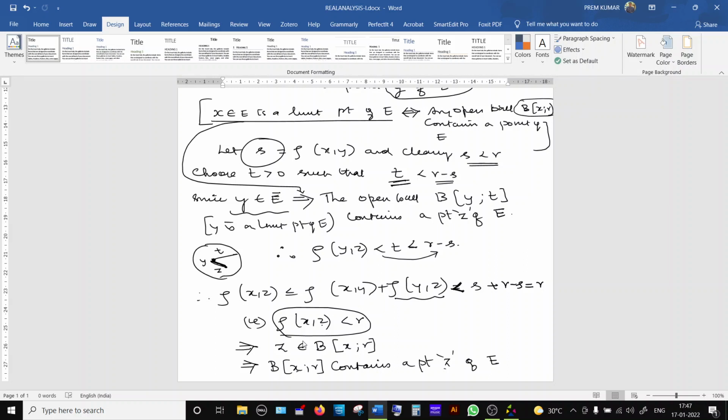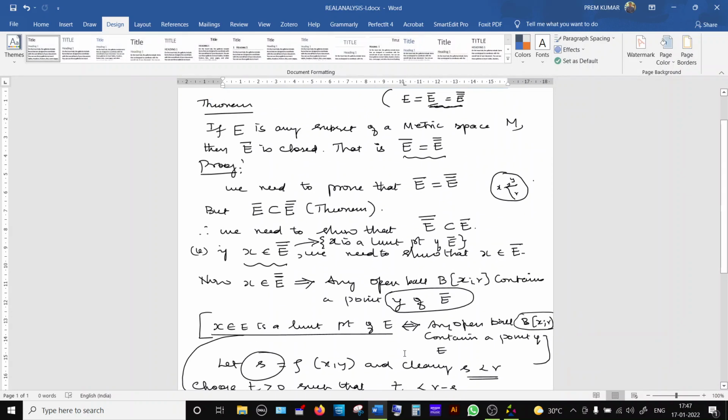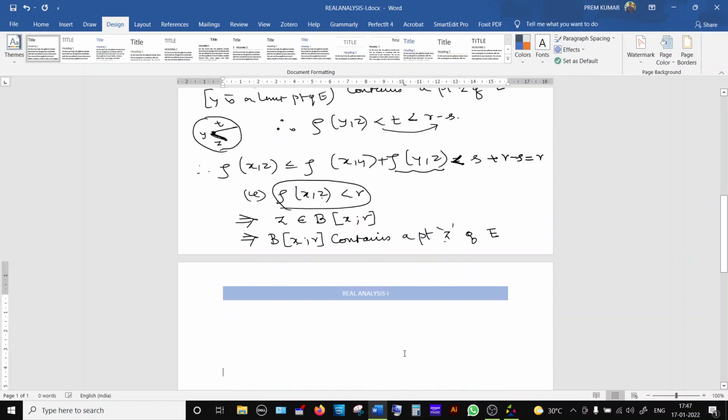So therefore, from the same theorem we get that X is a limit point of E. X is a limit point of E means what?